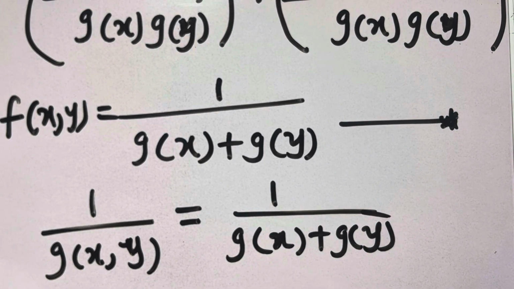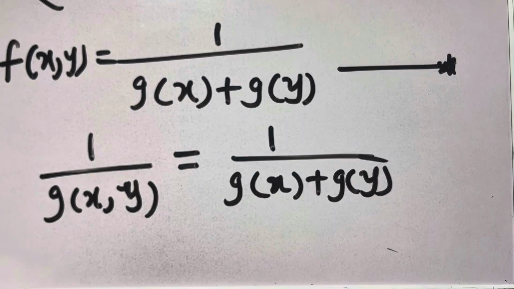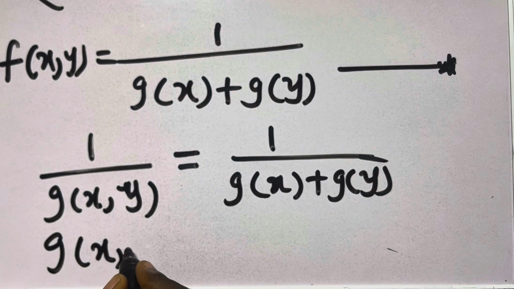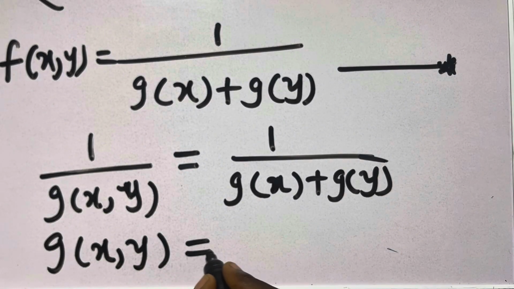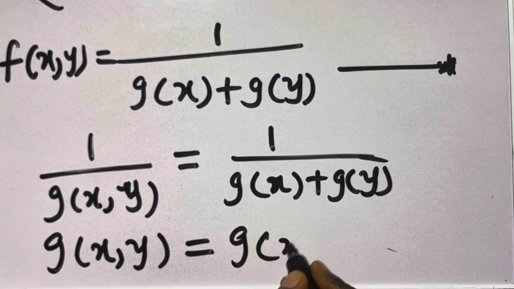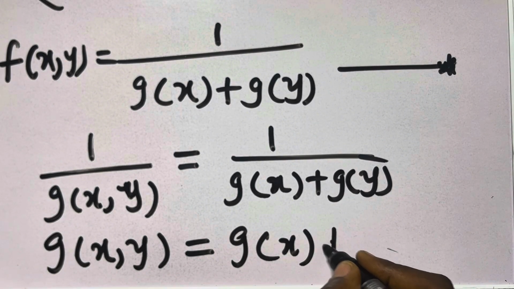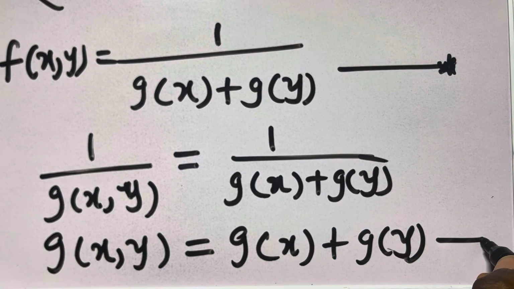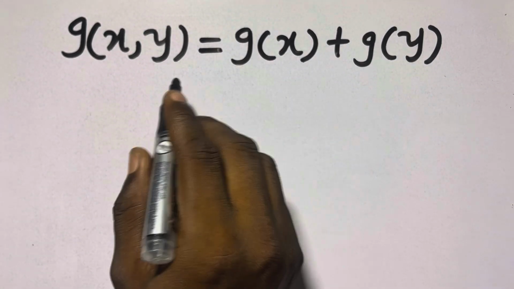All right, so if we cross multiply here, what we get is g of x comma y equals g of x plus g of y. So let's also note this very well.